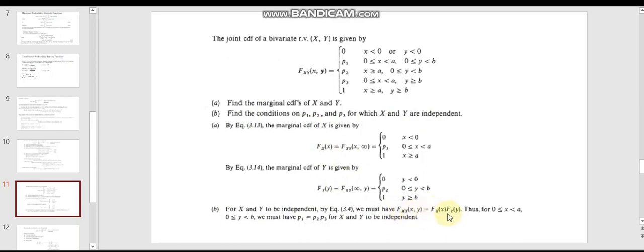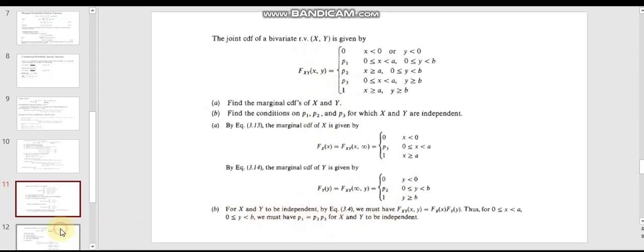So the marginal CDF of x is equal to this and marginal CDF of y is equal to this. So when we take the product, the product of P2 and P3 should be equal to 1, then we can say that the random variables x and y are independent.